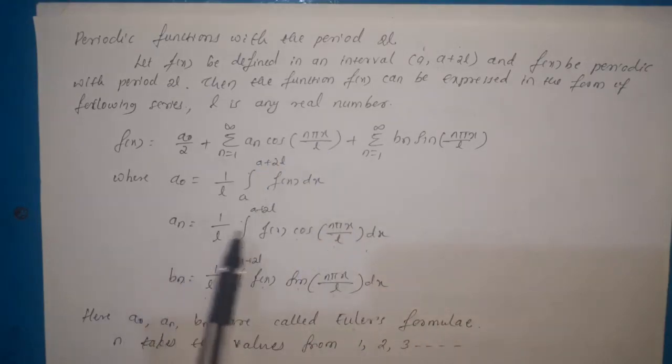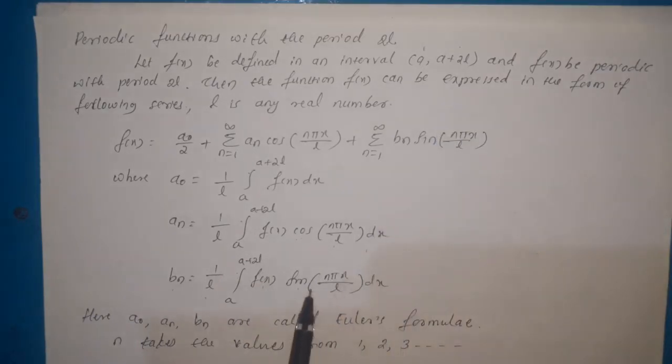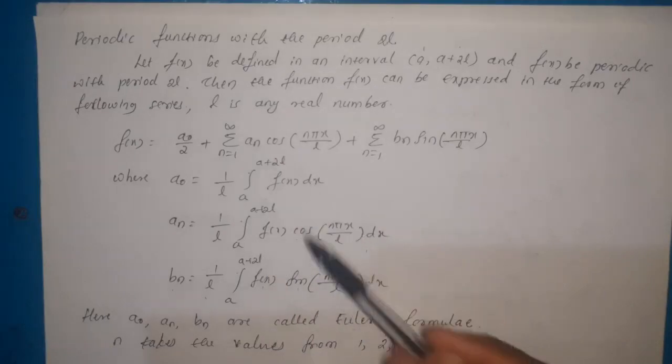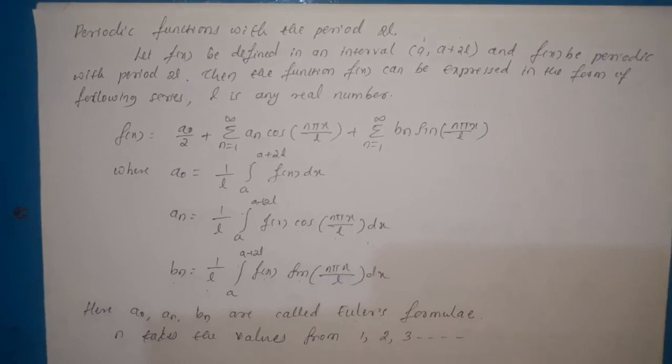And b n equals again 1 by L integral from a to a plus 2L of f of x. Now b n is multiplied by the sine function, the same function you have to consider here. So these are the Fourier constants, and these three formulae are Euler's formulae to find the Fourier constants.